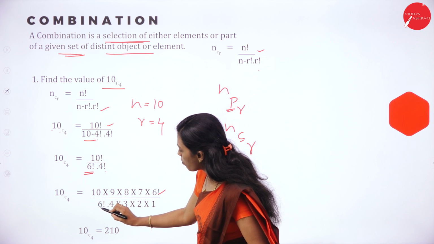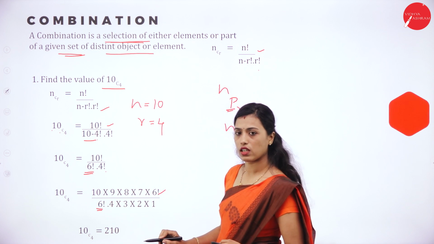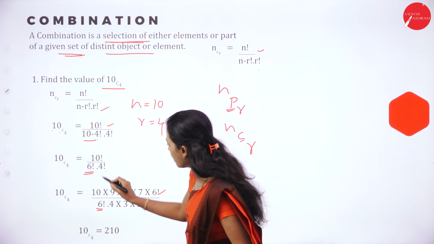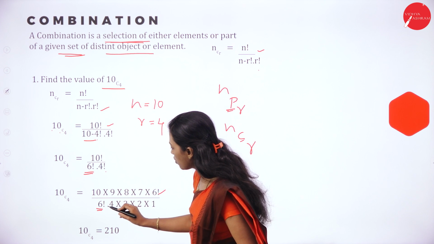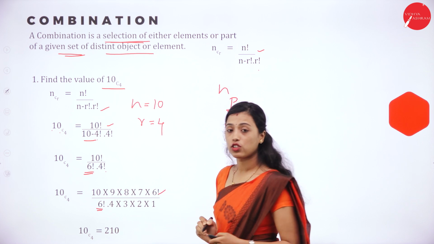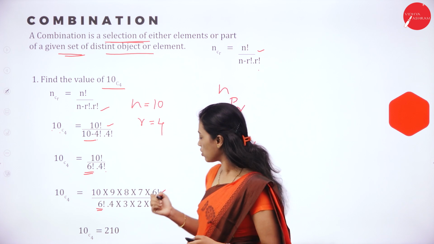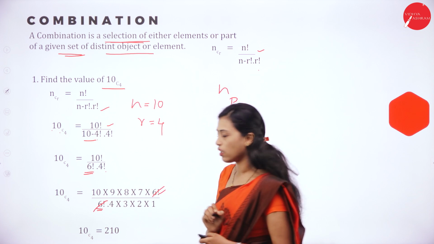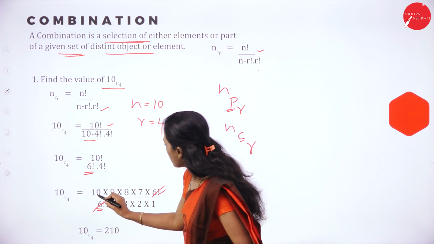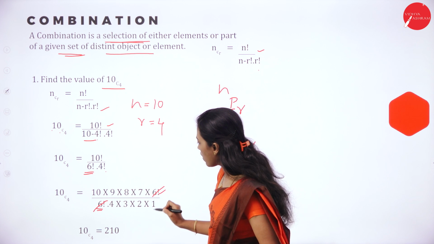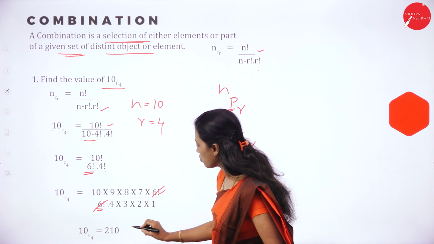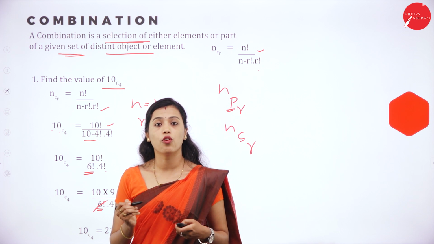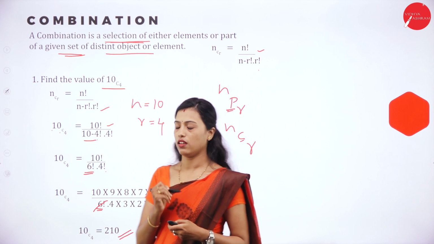In the denominator we have 6 factorial, so stop at 6 factorial in the numerator. Then divided by 6 factorial into 4 factorial, which means 4 into 3 into 2 into 1. So here 6 factorial will get cancelled. 10 into 9 into 8 into 7 divided by 4 into 3 into 2 into 1 is 210. So 10C4 is 210.